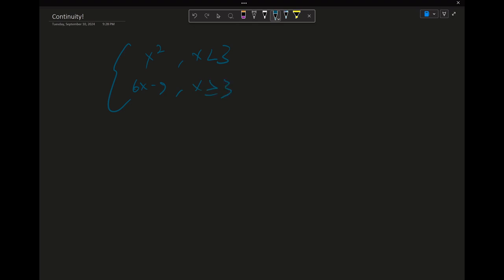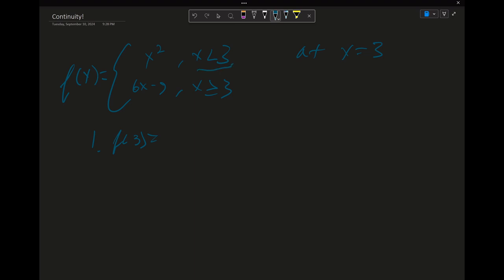So let's think about the steps here. This will be denoted as f of x. Step 1, and we're evaluating this at x equals 3. Is f of 3 defined? Let's see. So f of 3, what would we use here? Would we use this?